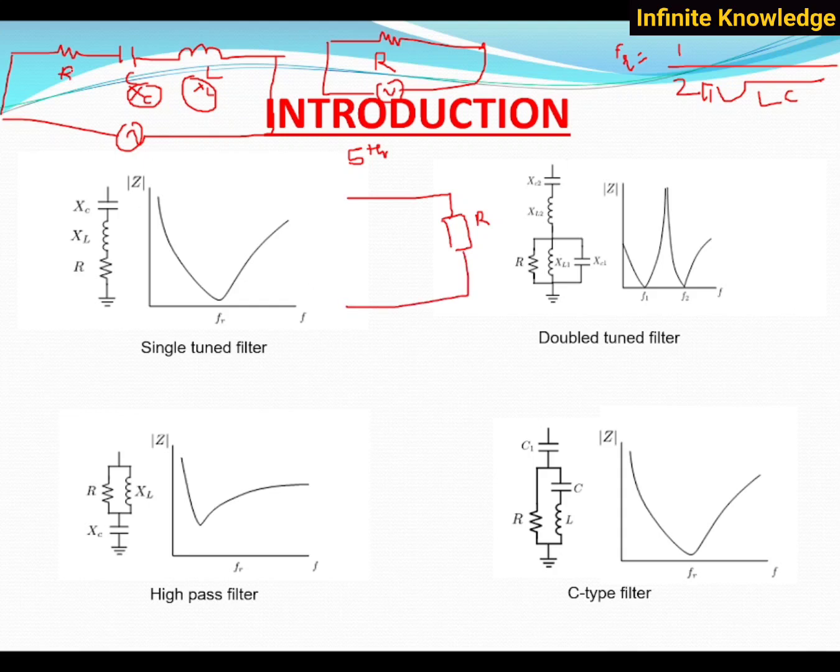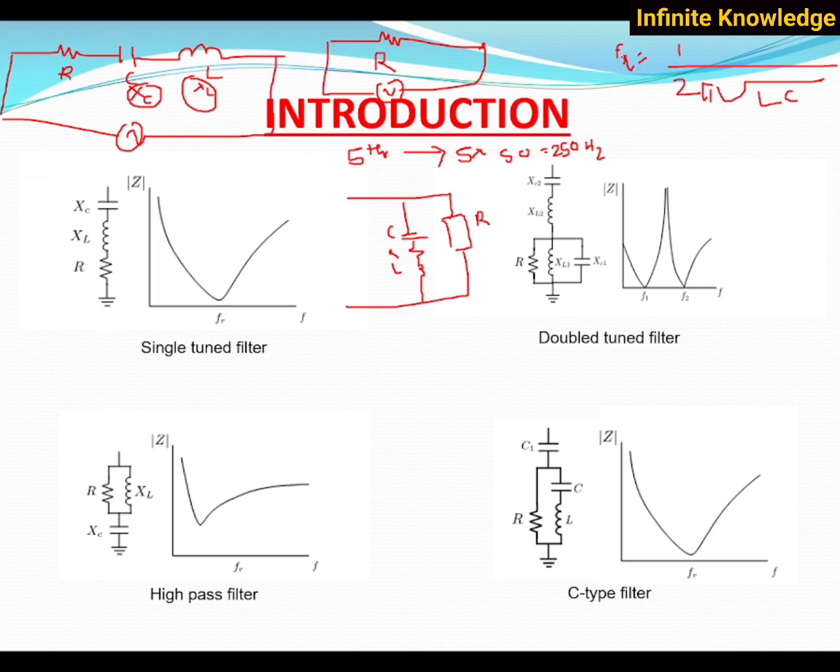If I connect an RLC filter, which is a single tuned filter with R, L and C, and tune it by this formula, then to reduce the fifth harmonic, the fifth harmonic means 5 into 50, which is 250 hertz. I have to tune this filter to 250 hertz.